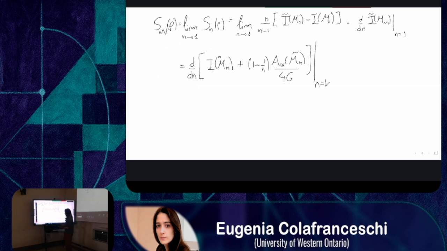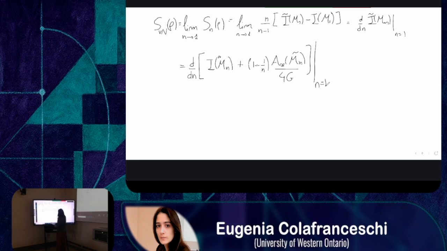And when you perform this derivative, this term is going to disappear because this is evaluated in the end for n equal 1, so this is just a stationary point for the action. Then when we do the derivative of this term it is going to be 0, because again we evaluate it for n equal 1, so this parenthesis disappears.